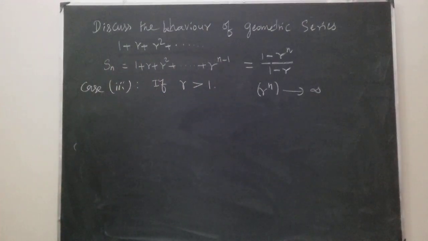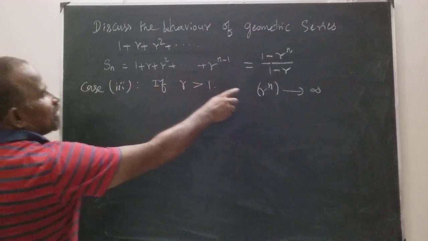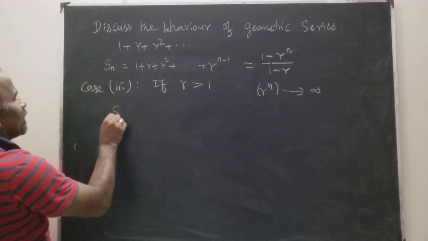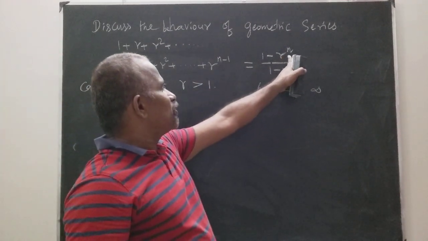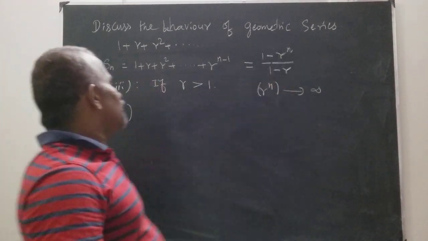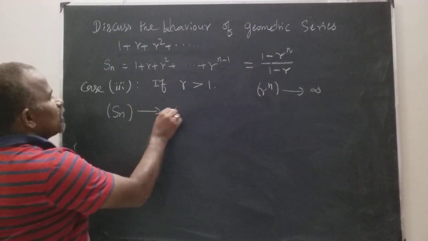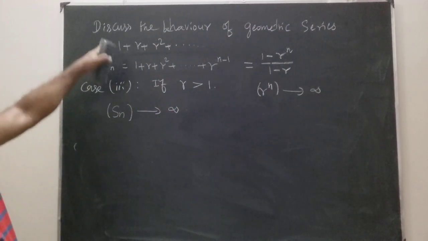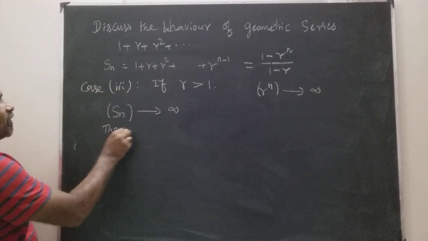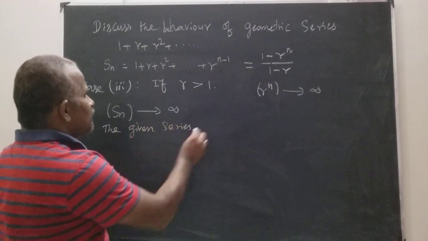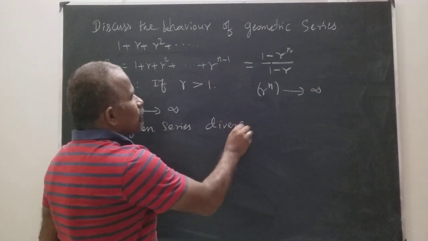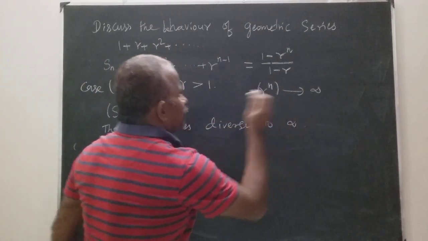Therefore, the sequence of partial sum Sn also diverges to plus infinity. Therefore, the total thing also diverges to plus infinity. So, therefore, the given series diverges to plus infinity.